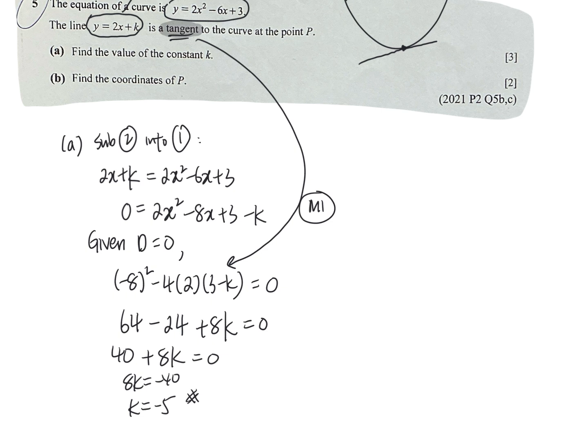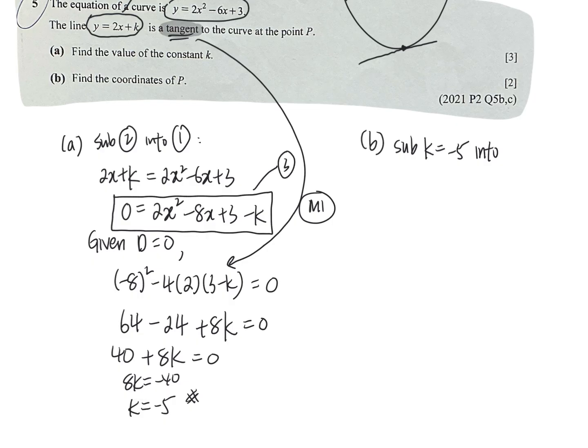Okay, so now that you know your k value, put it back into the quadratic that you have formed just now. So part B, you will sub the k value that you have found and put it into your quadratic. Let's call this equation 3.